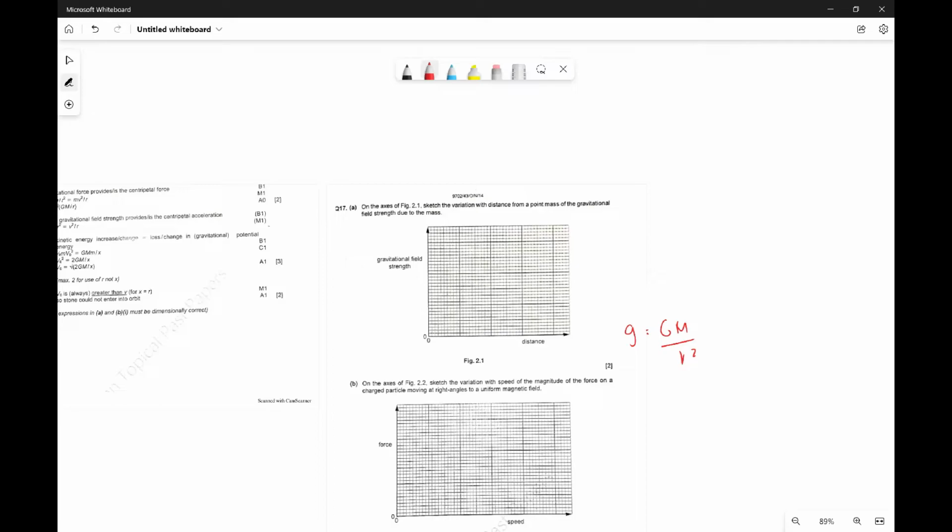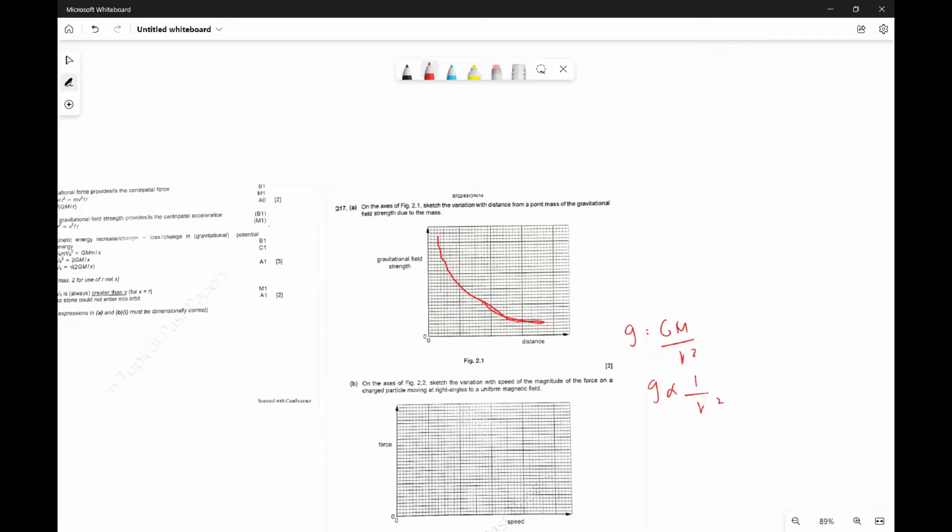So this means the gravitational field strength is inversely proportional to the square of the distance, right? So as the distance increases, it will decrease. It's an inversely proportional gradient, and the line will not touch zero. Remember, it's not starting at zero, and it will never touch zero on the x-axis either.